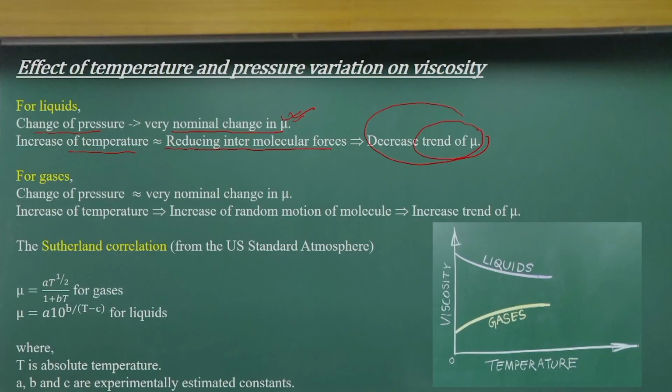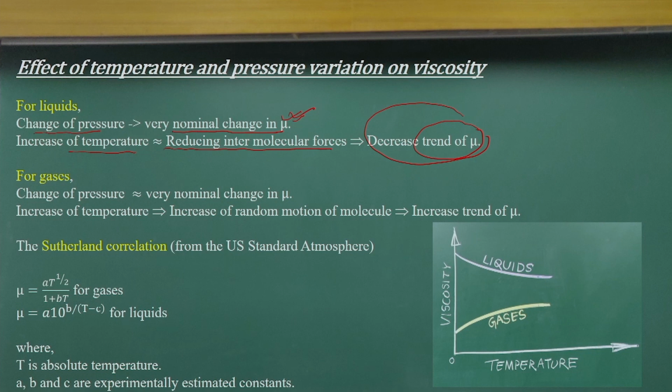If you increase the temperature, which manifests the molecular motions needed to sustain that temperature, it will reduce the intermolecular binding force between two molecules. Because of that, there will be a decreasing trend of the coefficient of viscosity.